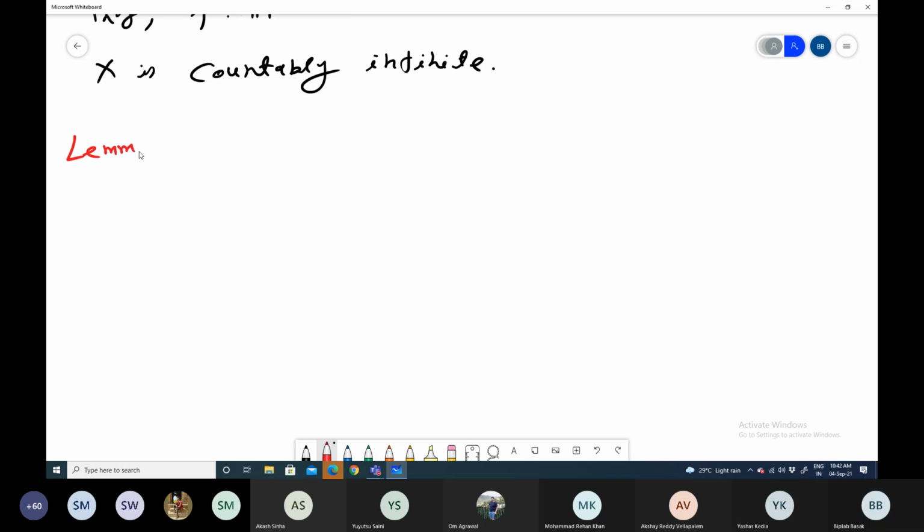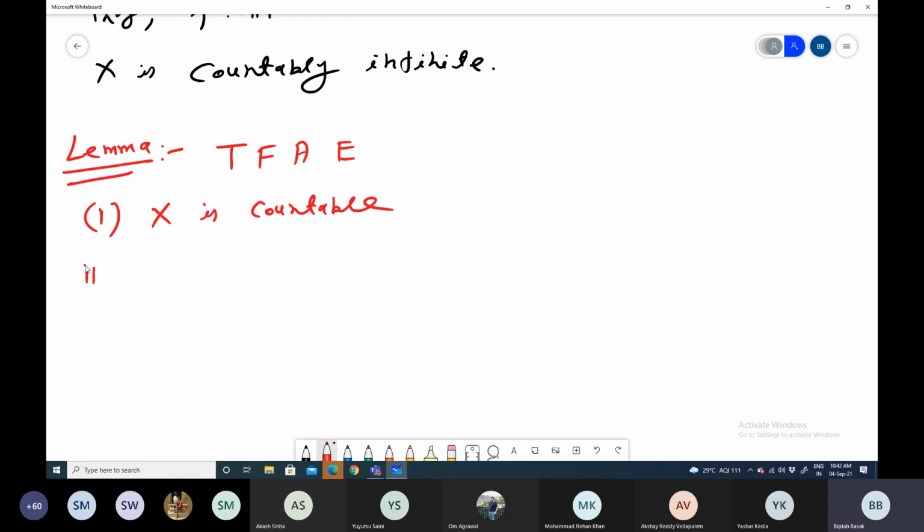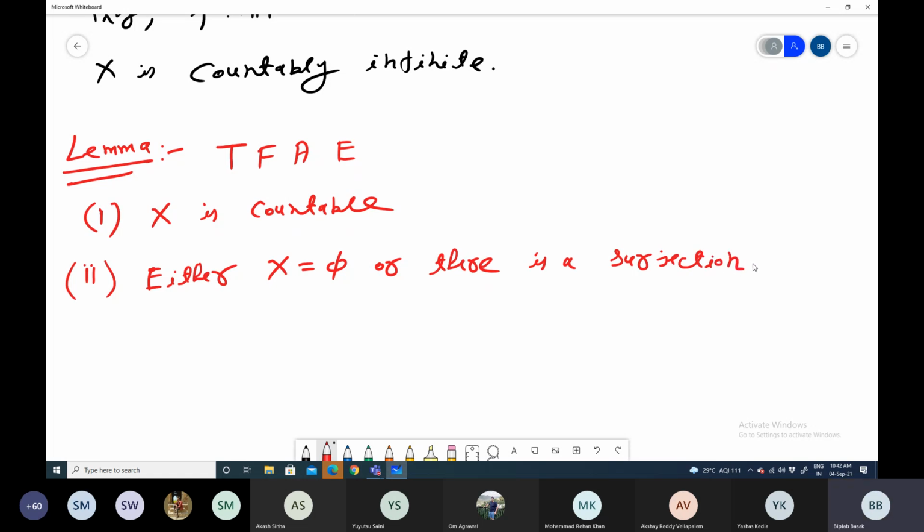Lemma. The following are equivalent. First one is X is countable, and the second one is either X is empty or there is a surjective map from natural numbers to X. Okay, the following are equivalent.